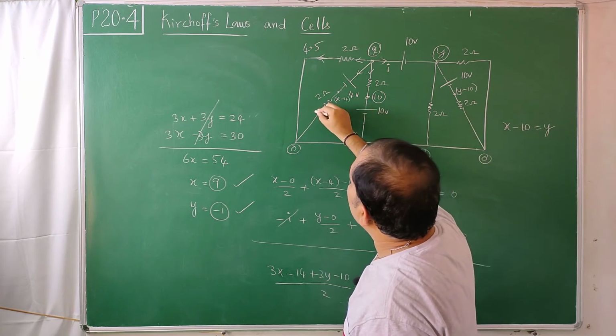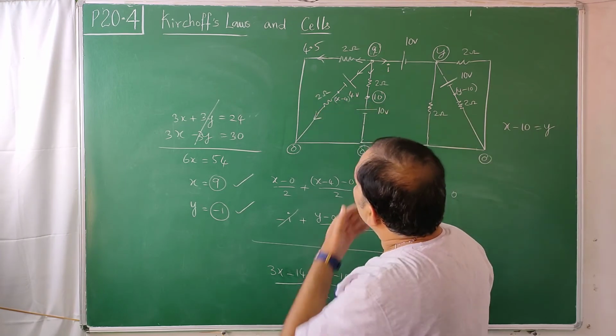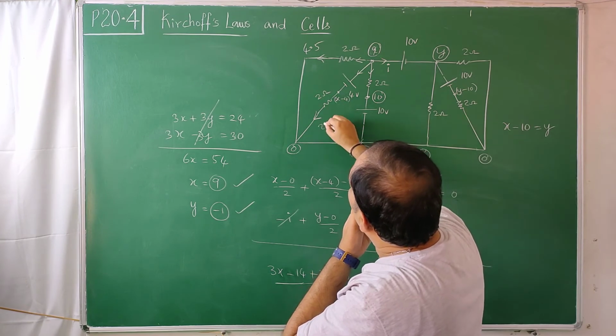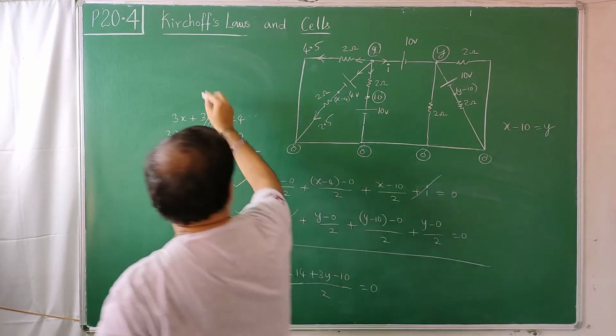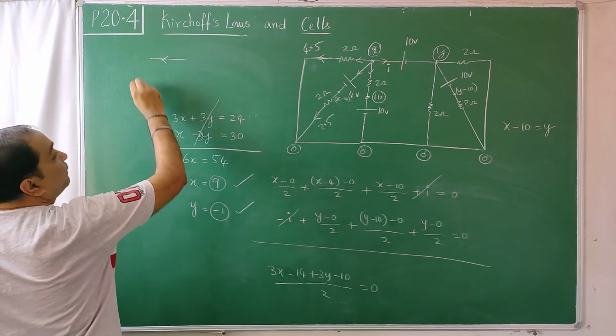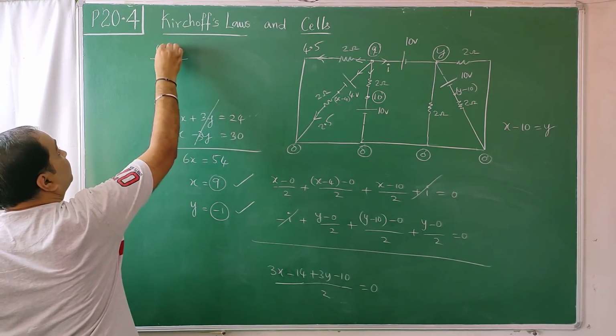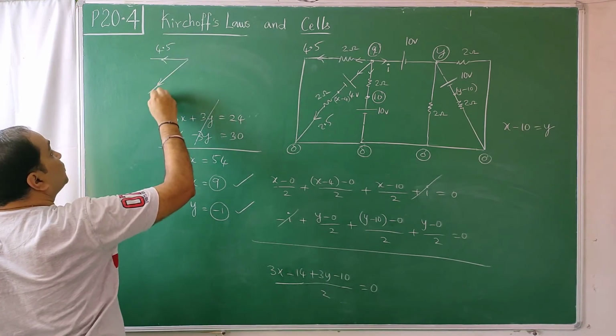So current will come like this, 5 to 0. 5 minus 0, that is 2.5. So I have one current like this, which is 4.5. One current like this, which is 2.5.